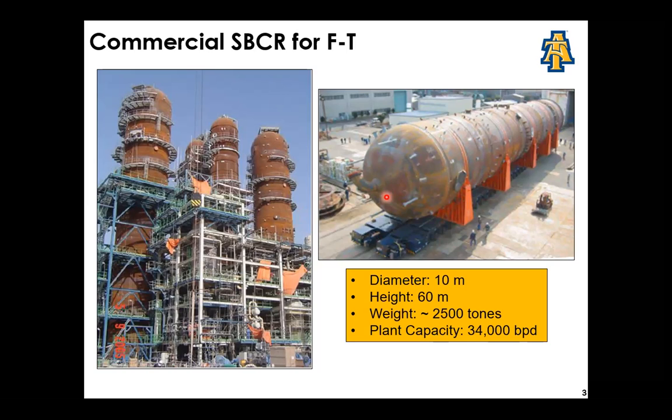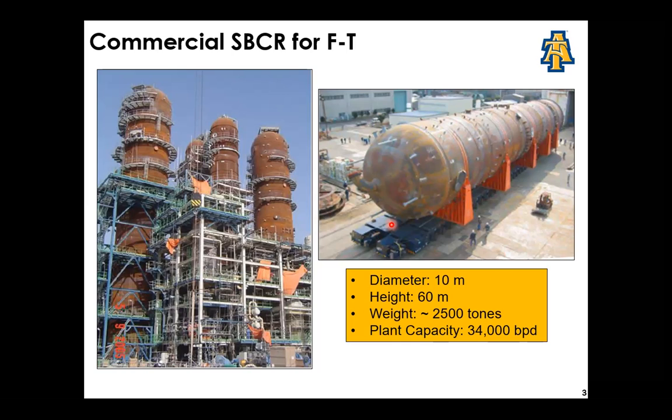All right. So the most popular application of slurry bubble column reactor is in the Fischer-Tropsch process. As you can see on this slide, this is a commercial slurry bubble column reactor by Sasol. It is used for the production of liquid fuels and chemicals from syngas.